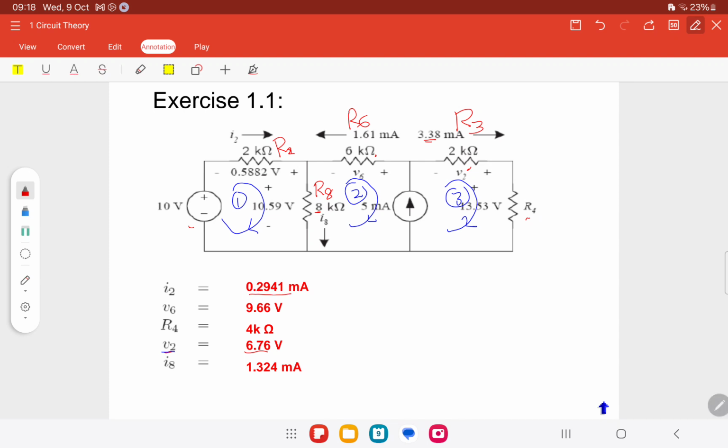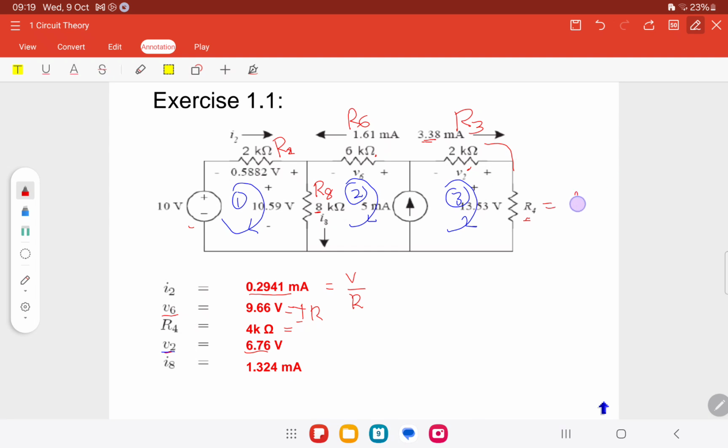How to get the I2? V over R. Okay. And then what else boleh dapat? V6 pun boleh juga kan? V6 I R kan? R4. We have this one 3.38, the current akan flow sama kan?